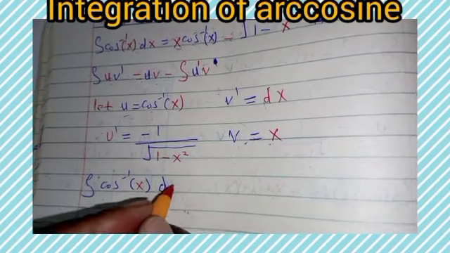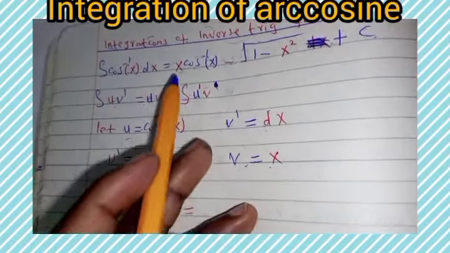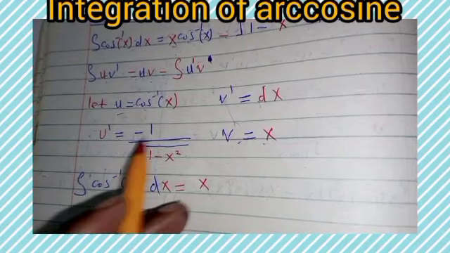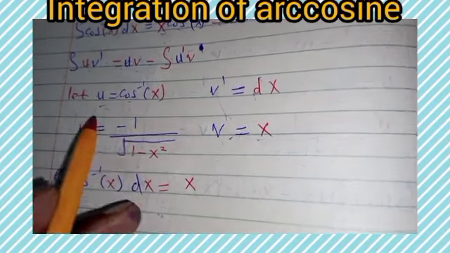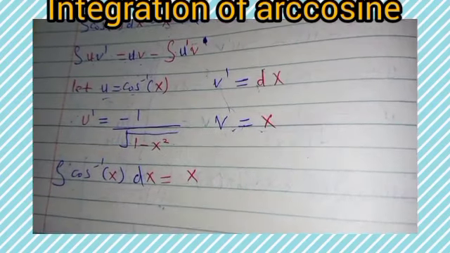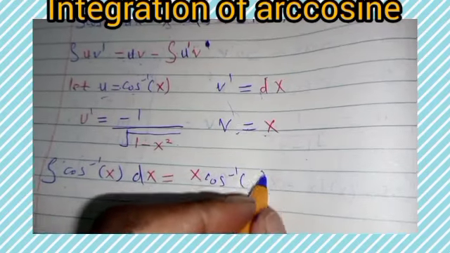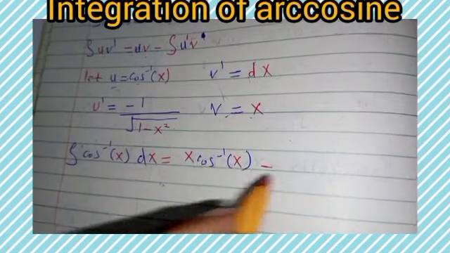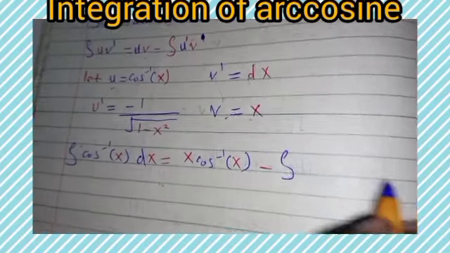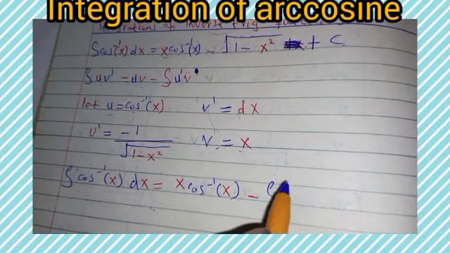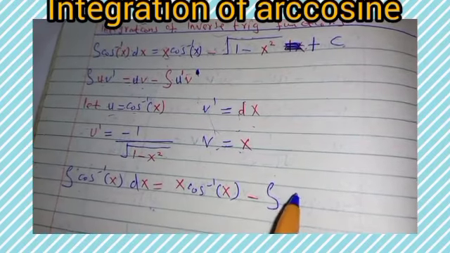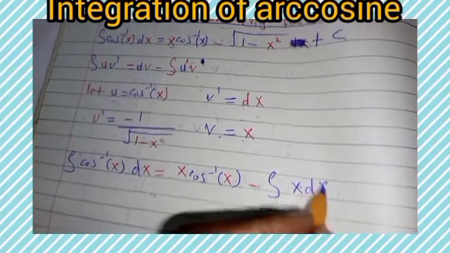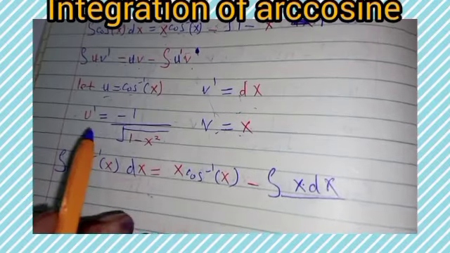So cos inverse of x multiplied by dx is equal to, our v is x, so x multiplied by, now our u is cos inverse of x, minus integral of, our v prime is dx, minus our v is x, x dx divided by our u prime is this one.